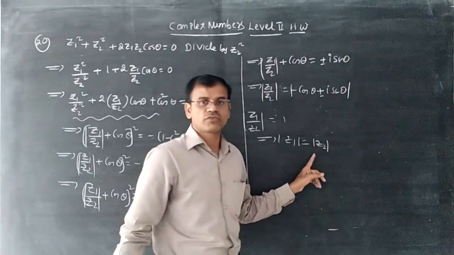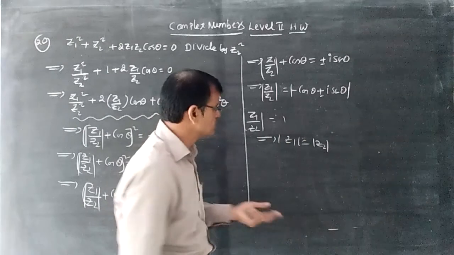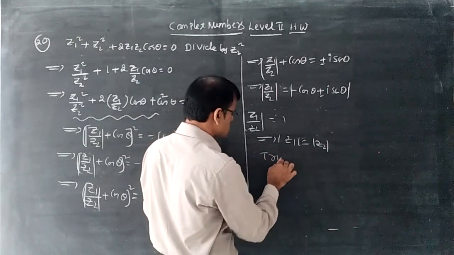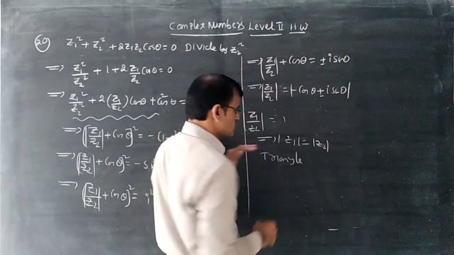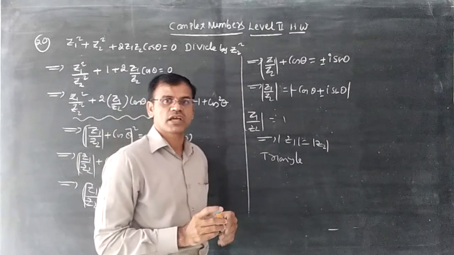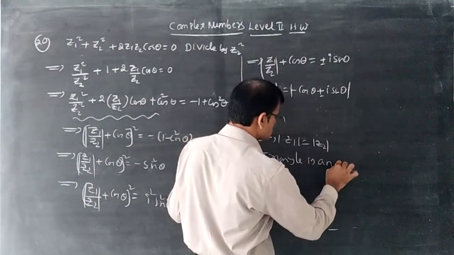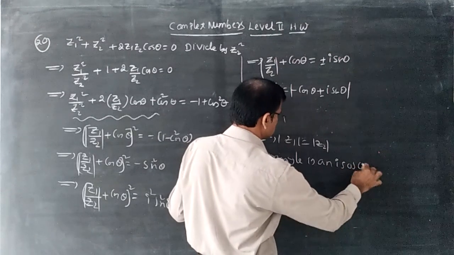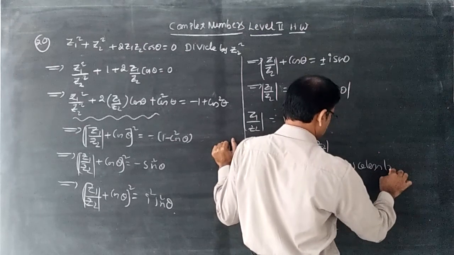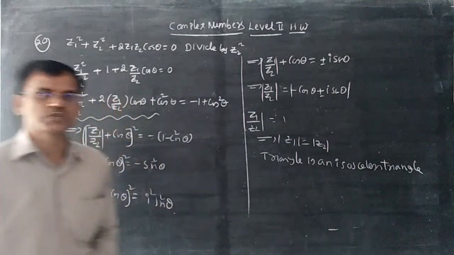Whenever the magnitudes of two complex numbers are equal, the lengths of the sides of the triangle are equal. Therefore, the triangle is an isosceles triangle.